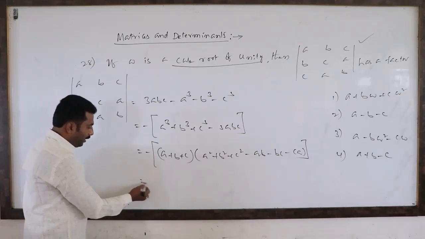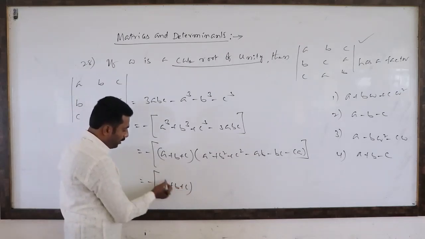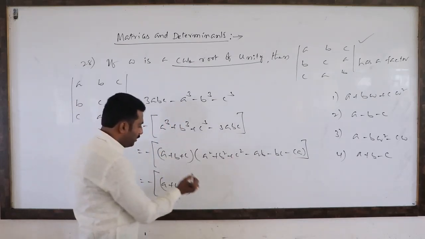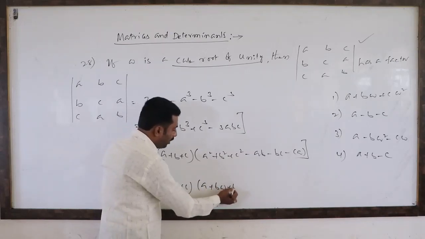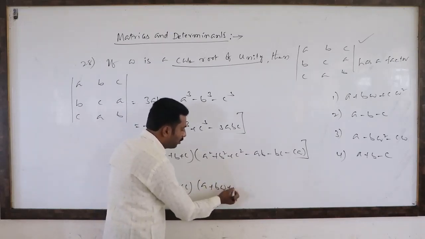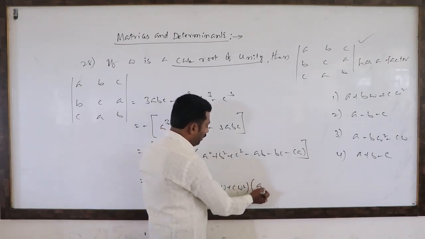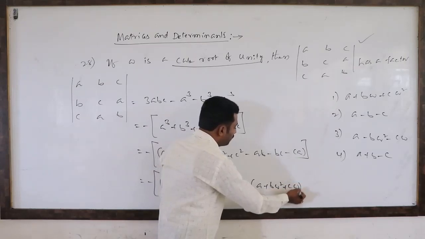Also we can write minus of A plus B plus C into these terms, which can be written as A plus B omega plus C omega square into A plus B omega square plus C omega.